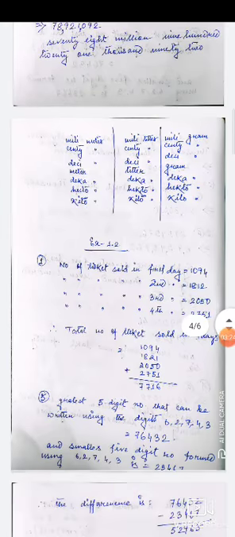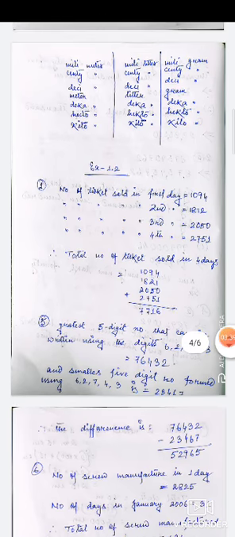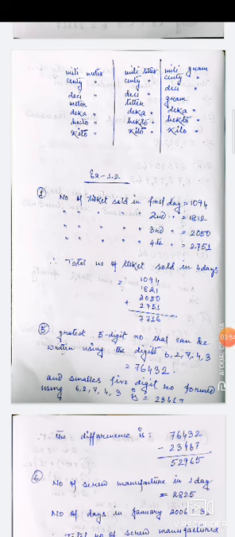Okay, now we'll discuss some units. Millimeter, centimeter, decimeter, meter, decameter, hectometer, kilometer. In this way, milliliter, centiliter, deciliter, liter, decaliter, hectoliter, kiloliter, milligram, centigram, decigram, gram, decagram, hectogram, kilogram.